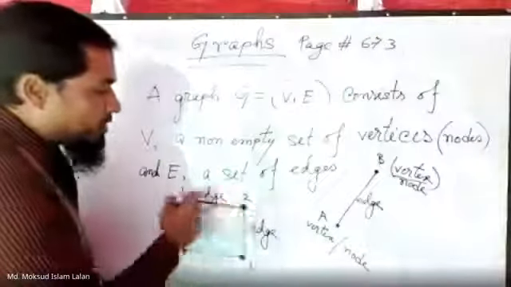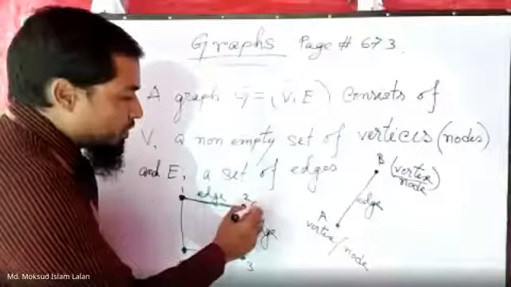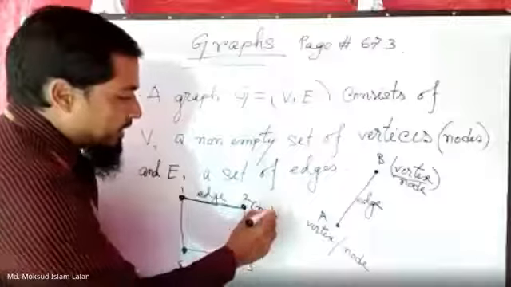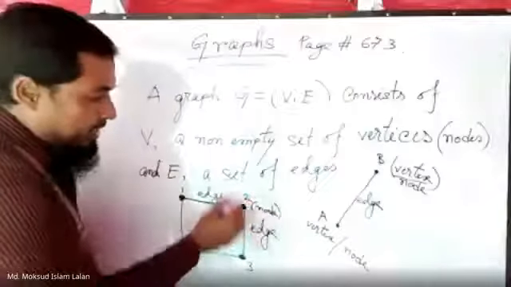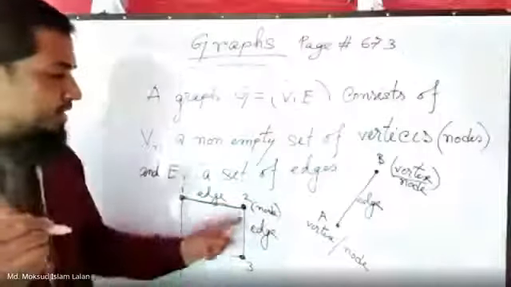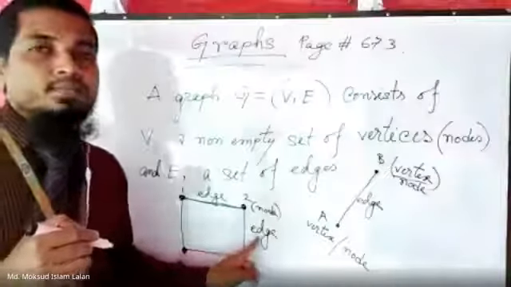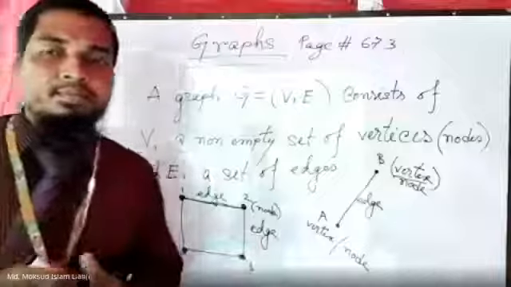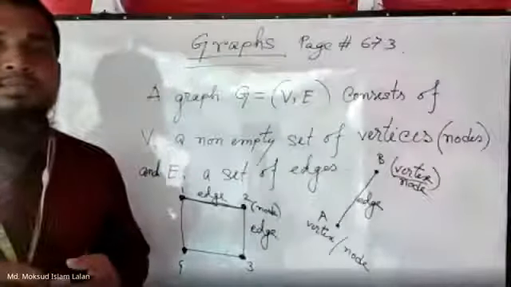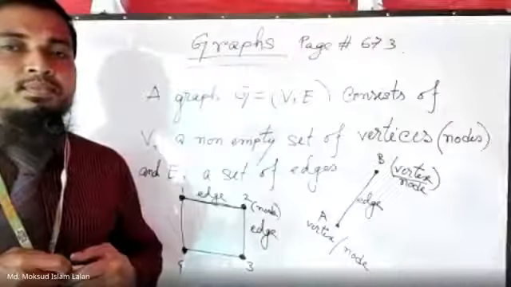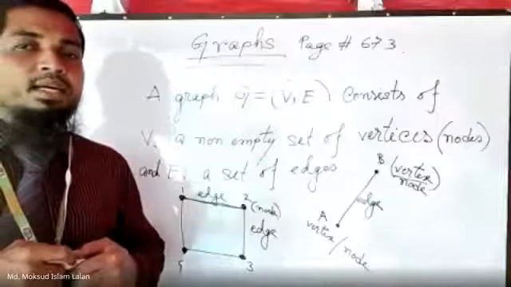These dots are called nodes or vertices, and the vertices connected by this line is called an edge. Is it clear? Yes, sir.